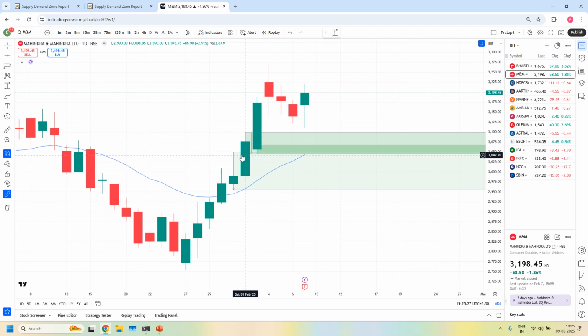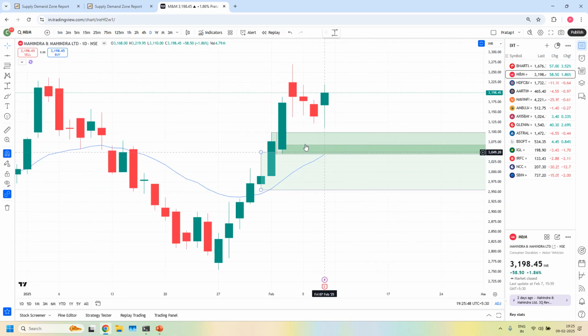See, at the proximal line of this daily zone, the 75 minute zone together with the 15 minute zones are overlapped. And that is having EMA confluence. So at the proximal line, the 15 and 75 zones are overlapped. Okay. So that's why this is a high probability setup. Next, HDFC Bank.